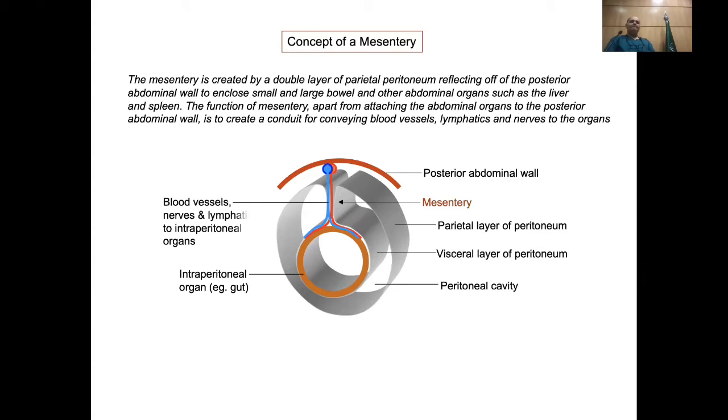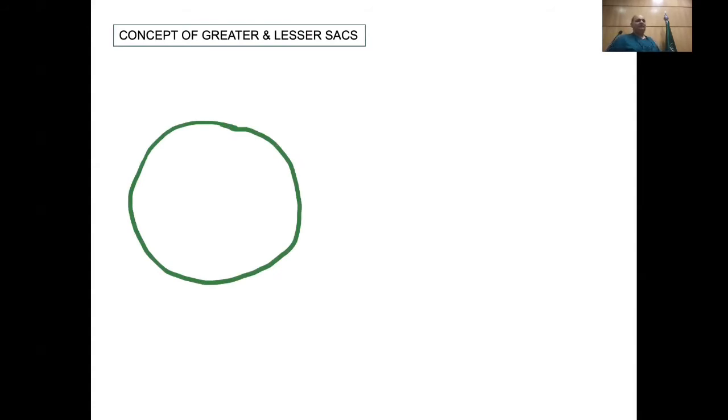Now, let's look at another concept. You must have been explained greater sac and lesser sac. What are these? Do you agree this is a sac? No rocket science, this is just a sac. Sac means something closed.